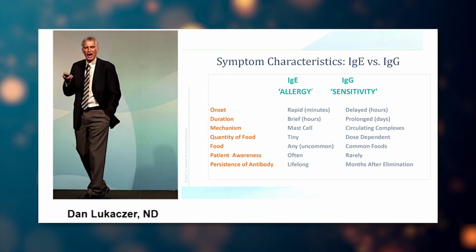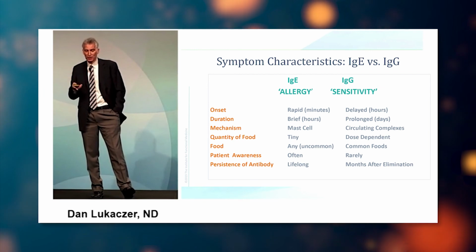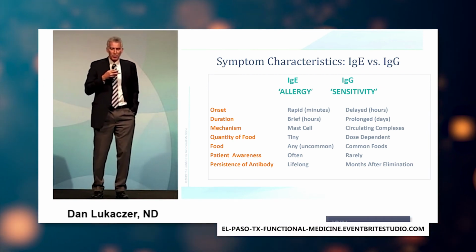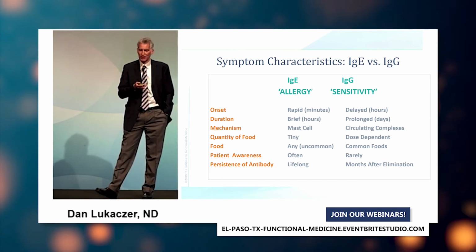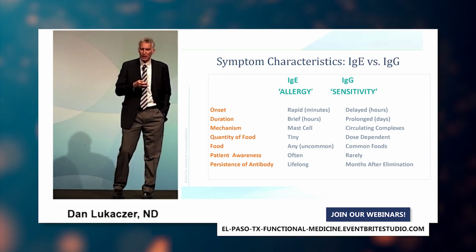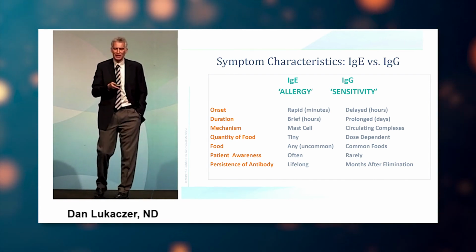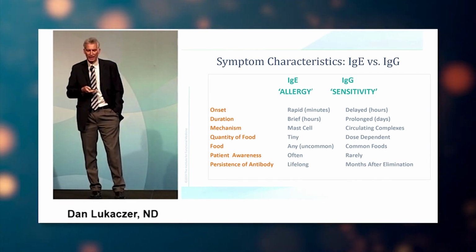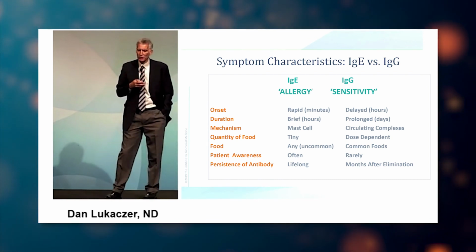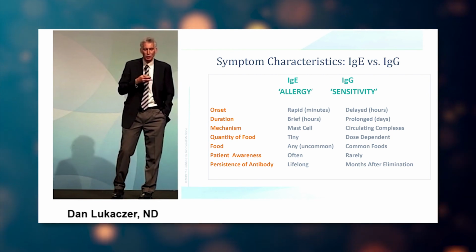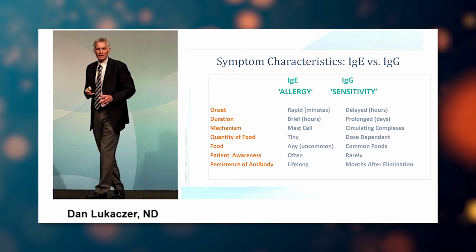So unlike IgE, where the antibody is generally around for years, if not lifelong, and therefore the reaction generally stays for years, if not lifelong, since you can decrease those IgG antibodies, you can decrease the response to that food often, and sometimes you can reintroduce that food in small amounts and tolerate it, which is another, I think, important distinction between sensitivity and allergy.